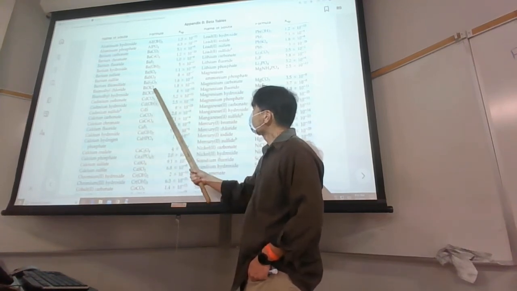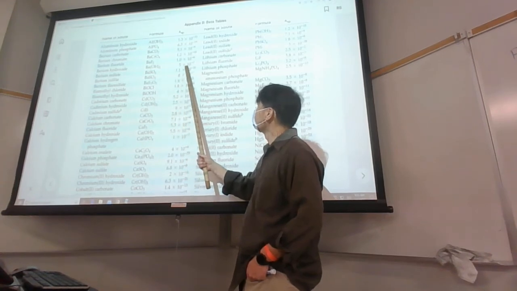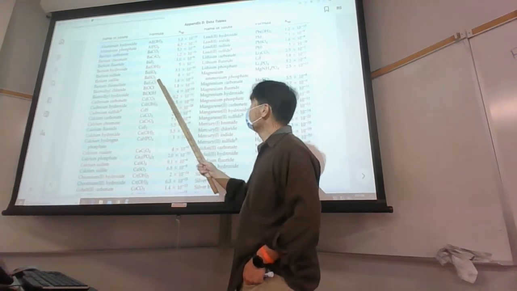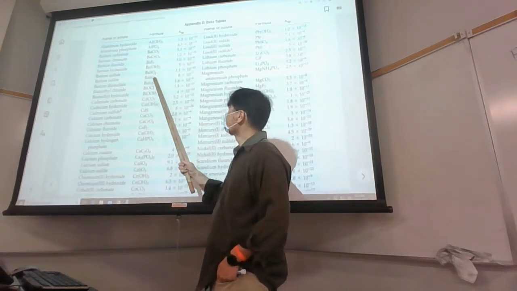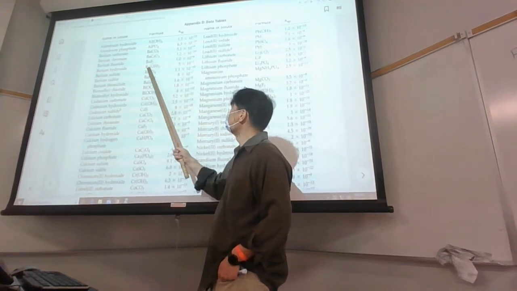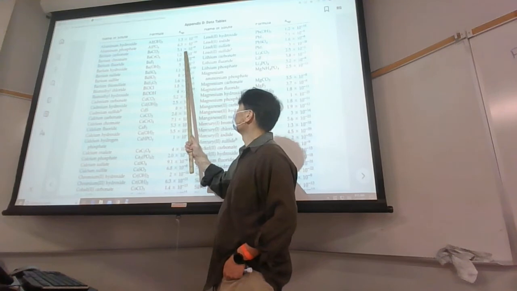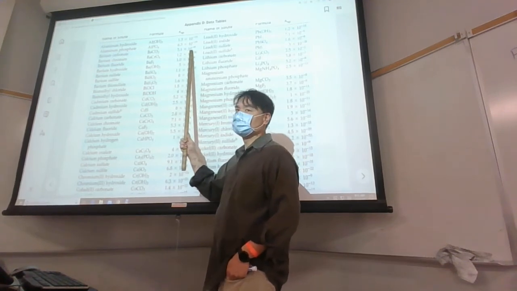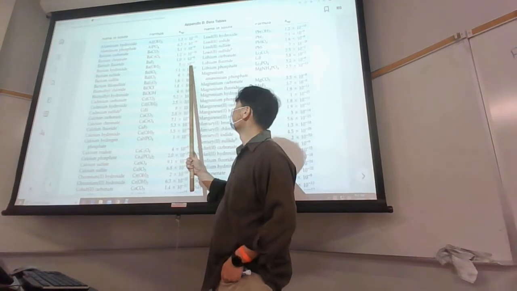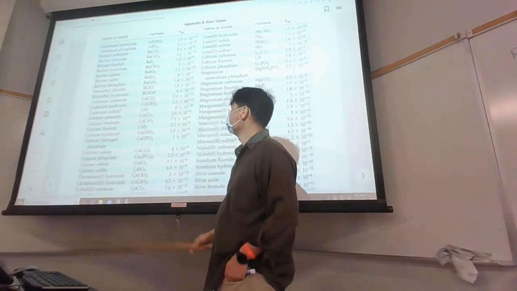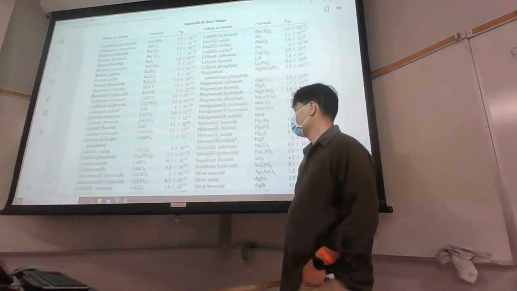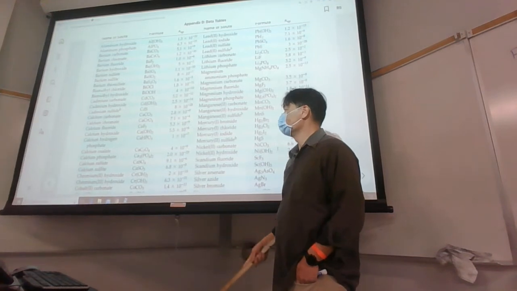Barium hydroxide is 10 to the minus 3, whereas barium carbonate is 10 to the minus 9. If I have a mixture of hydroxide and carbonate and add barium slowly, I'll precipitate out the barium carbonate first because it has a much lower solubility, an order of magnitude different. This is the strategy we look for in fractional precipitation: differences in solubilities.